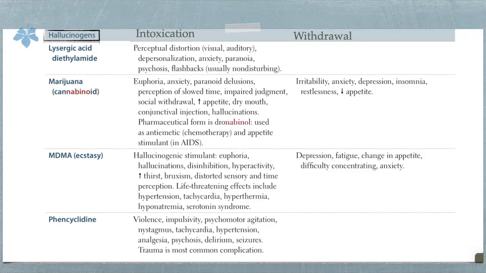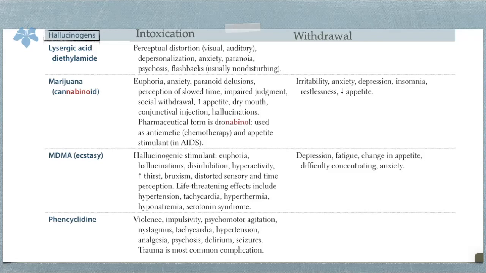Hallucination is a symptom of intoxication with any hallucinogen. Another substance is MDMA, ecstasy, which I mentioned earlier. It is unique in that it is categorized as a hallucinogen in DSM-5, although it has very similar effects to stimulants such as amphetamine.